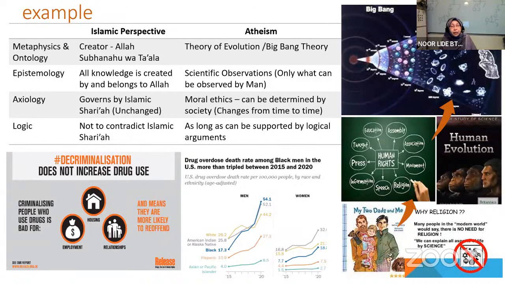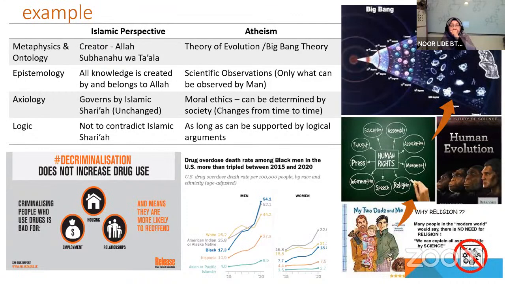And then in terms of logic, for the Western perspective, as long as the argument can be supported, that is acceptable. But for us, logic must have proper support, but it cannot contradict our Islamic Sharia, our laws and values and so on.